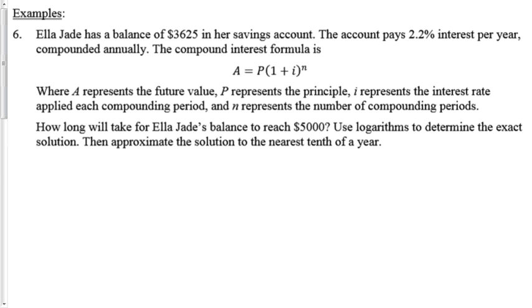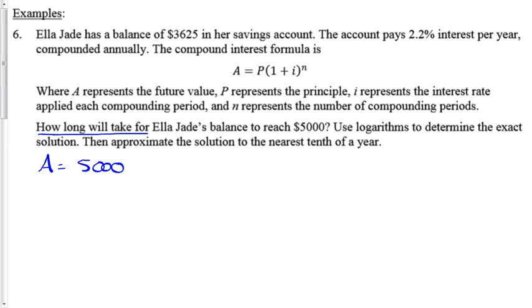So remember, A is the future amount, P is the principal or present amount, I is the interest rate per compounding period, which in this case will be per year, and N the number of compounding periods. We want her balance to reach 5,000. So that's going to be the future amount. And we want to know how long is that going to take.